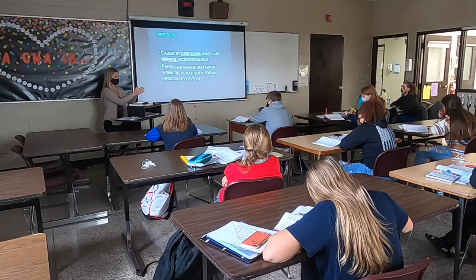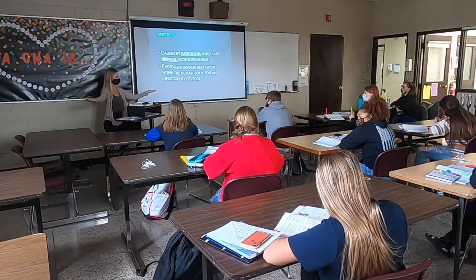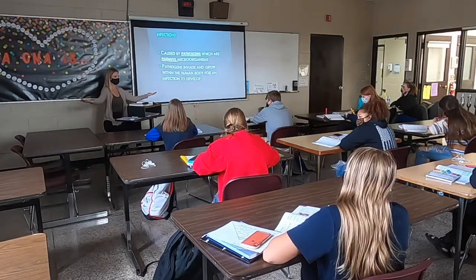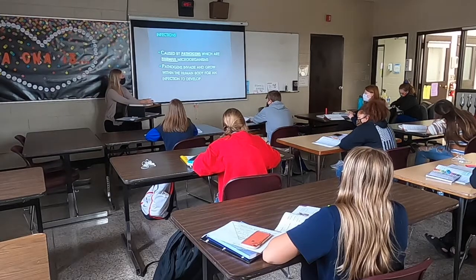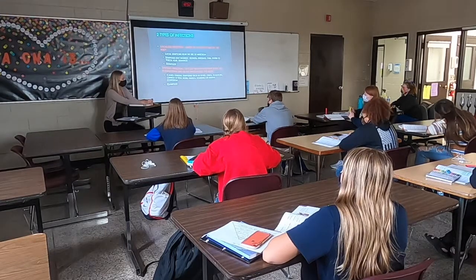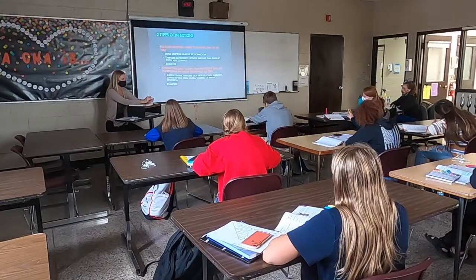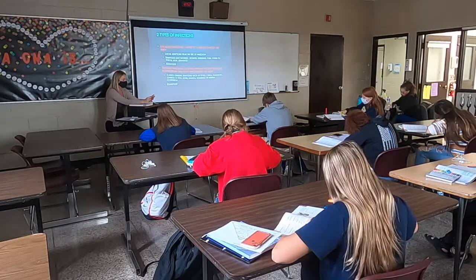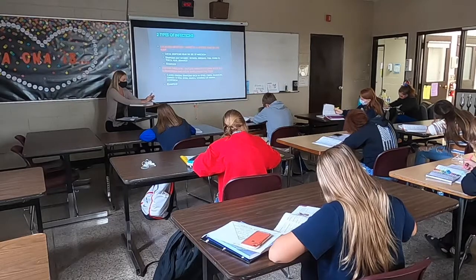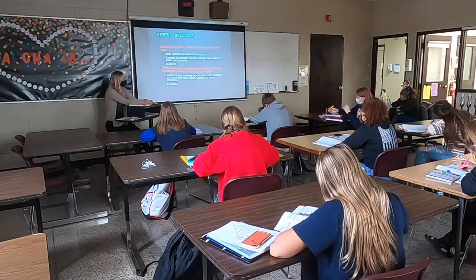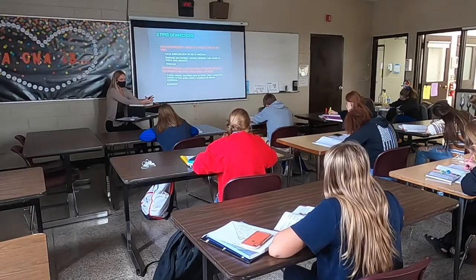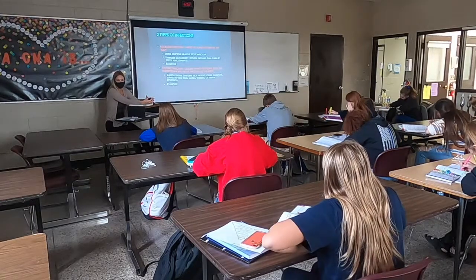So we have microorganisms, harmful and not harmful. The harmful ones are called what? Pathogens, and those are what cause infections. There are two types of infections that we're going to discuss: localized infections and systemic infections. A localized infection is limited to a specific area of the body.